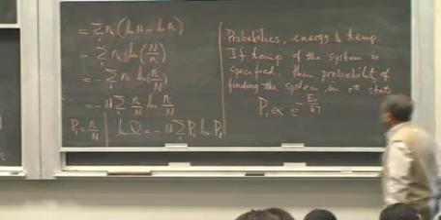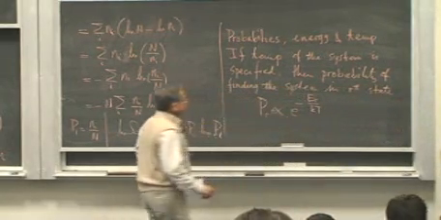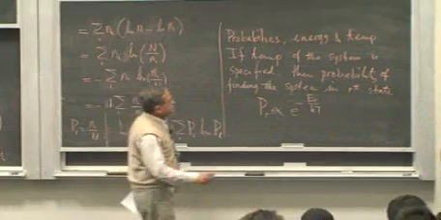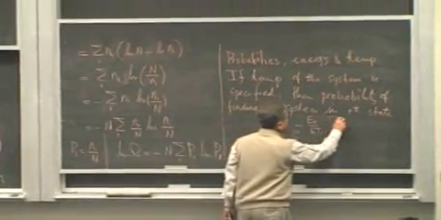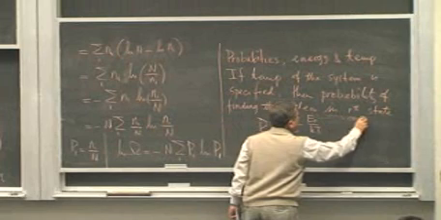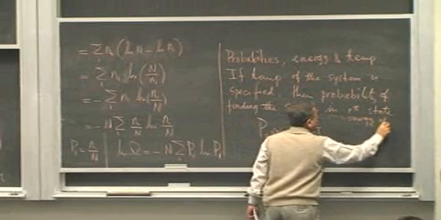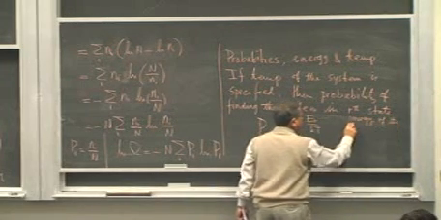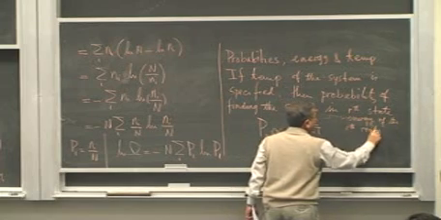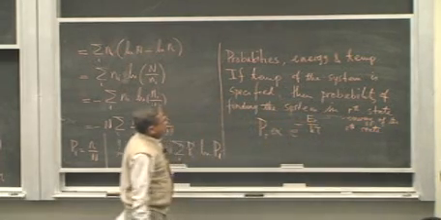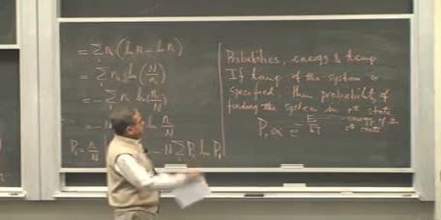E_R is the energy of the rth state, and K is the Boltzmann constant, T is the temperature.